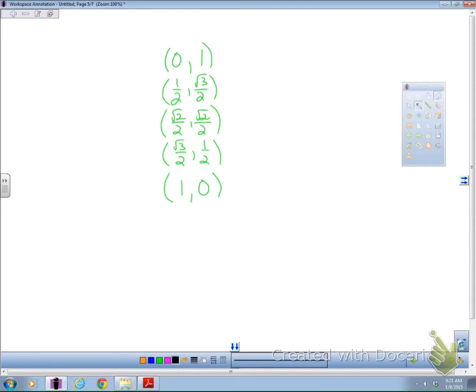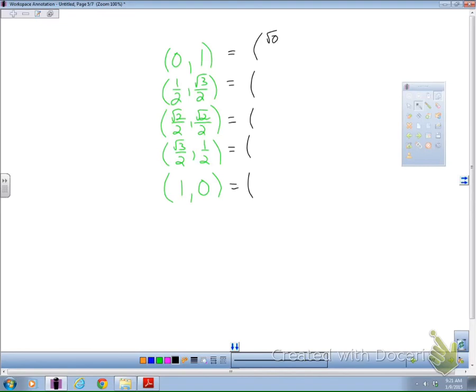Now look, if I take these and I can rewrite them, watch this. Starting with the x values. Notice that they're all over 2 when they're in fractions. Do you see it? They're all over 2. So the denominator is 2.